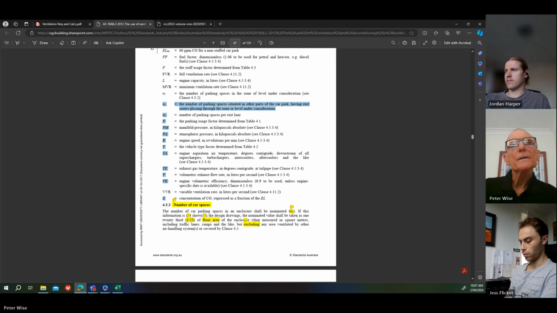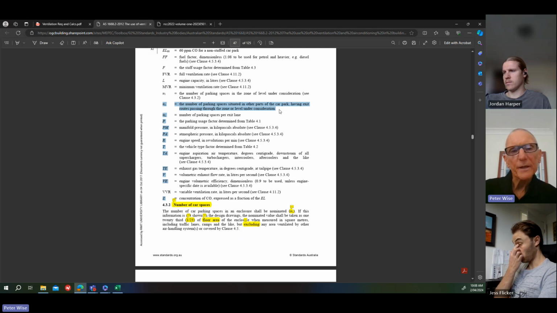Okay, so N2 is the number of parking spaces situated in other parts of the car park which have exit routes passing through the zone or level under consideration. So if we're considering B1, we need to consider B2 and B3 as well, because the cars have to travel up from B3 to B2 to B1, and then wherever they go from there, they'll go up to the ground floor and exit, most likely. Does that make sense?